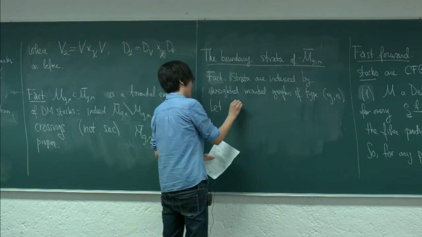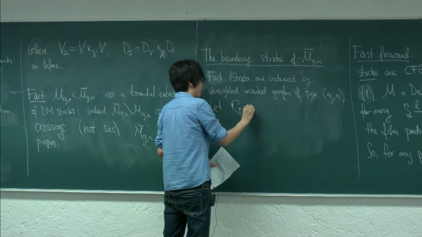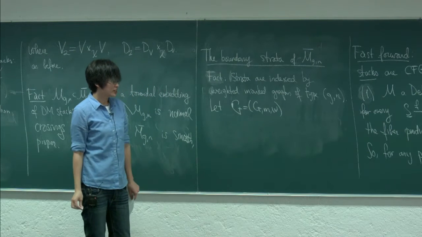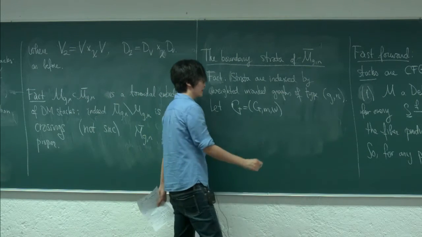So let me fix, I'll write bold G just for short, for such a combinatorial type, so a vertex-weighted, n-marked graph.